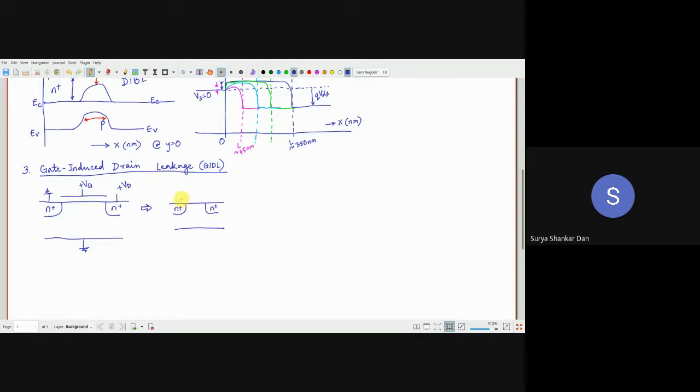then almost invariably what will happen is there will be a small overlap region between the drain and the gate terminals. Then what is the result of this? But at the same time, you are still applying the plus VD.